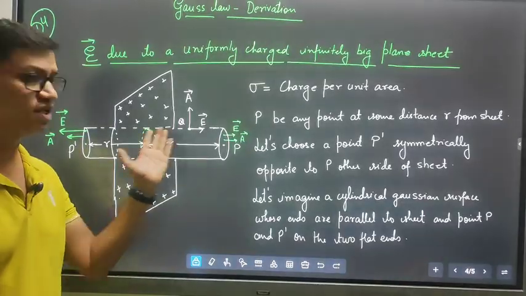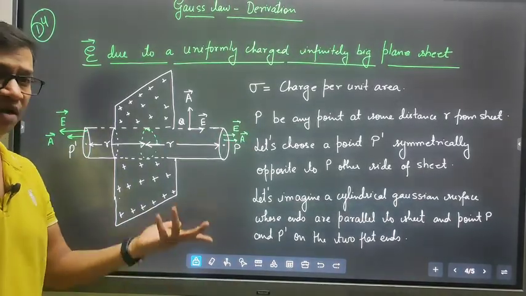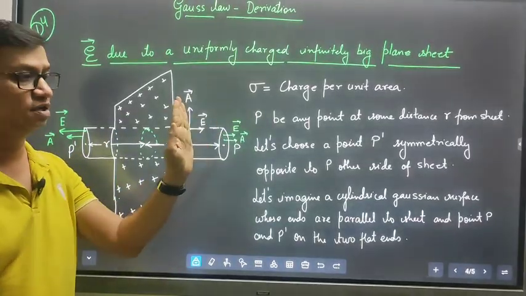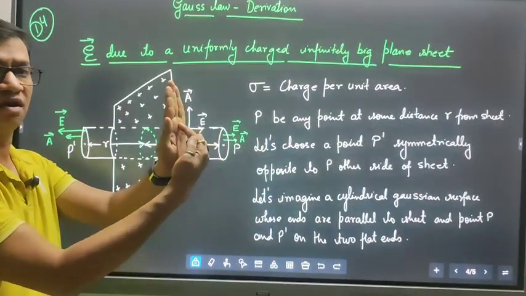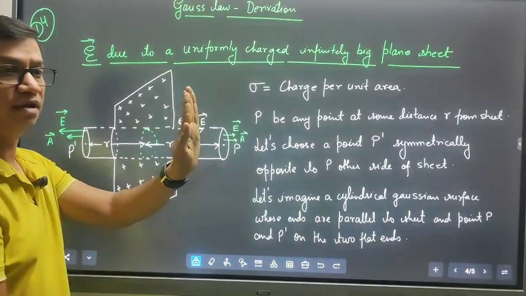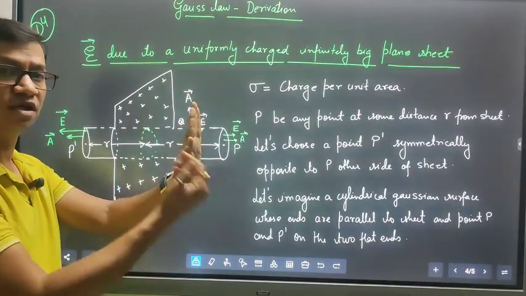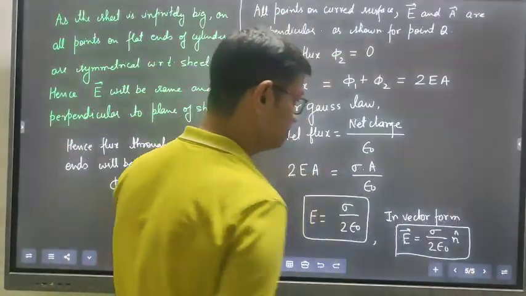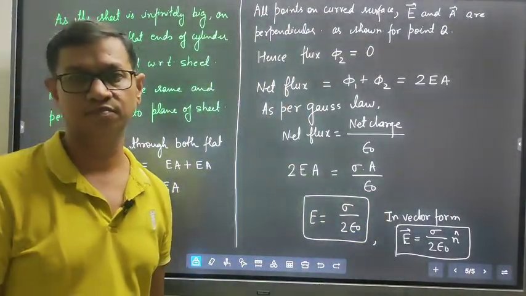Because we know for positive charge electric field has to be away from the charge, right? So that point is still valid. It's just that it has to be normal to the sheet. Sheet के normal ऐसा electric field रहेगी हर point. If it is positive charge, it will be away from the sheet. If it is negative charge, it will be towards the sheet. Okay, so this is our small derivation. Thank you very much.